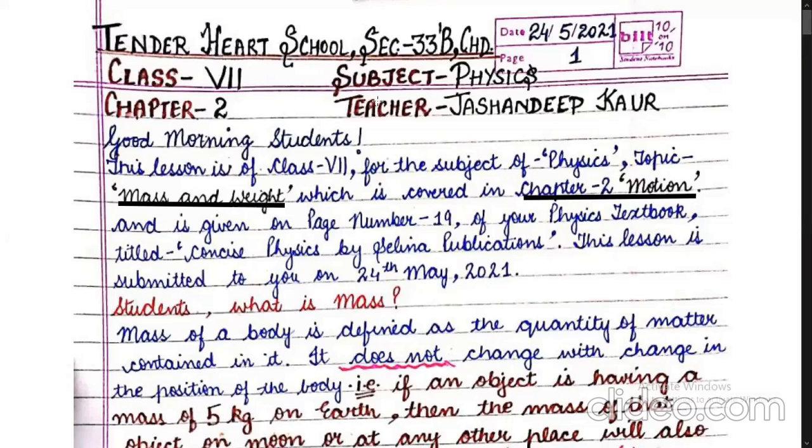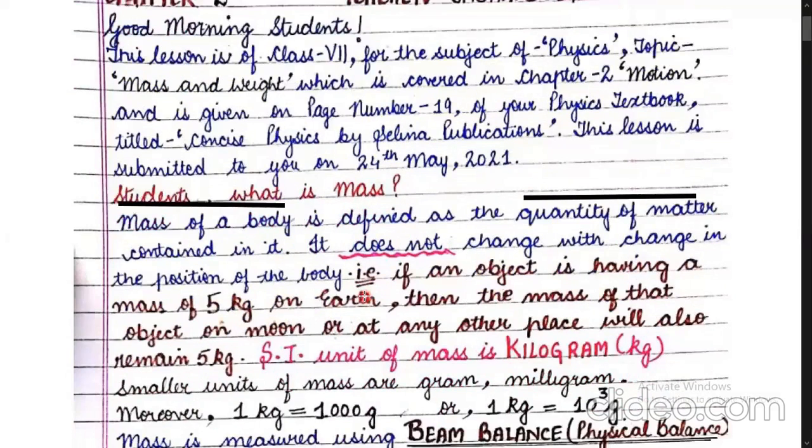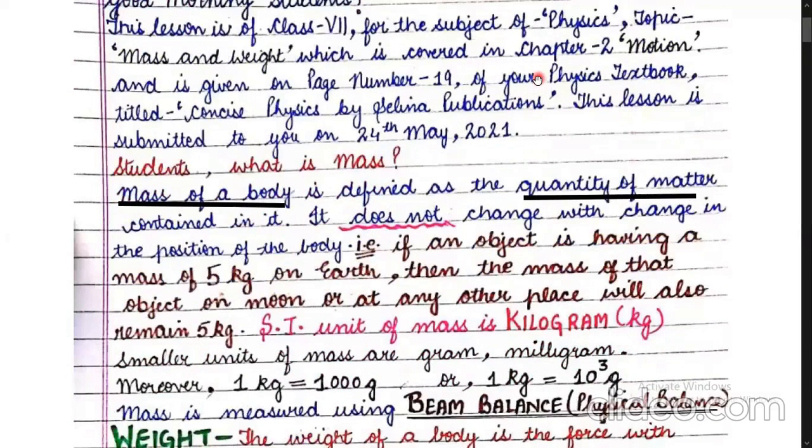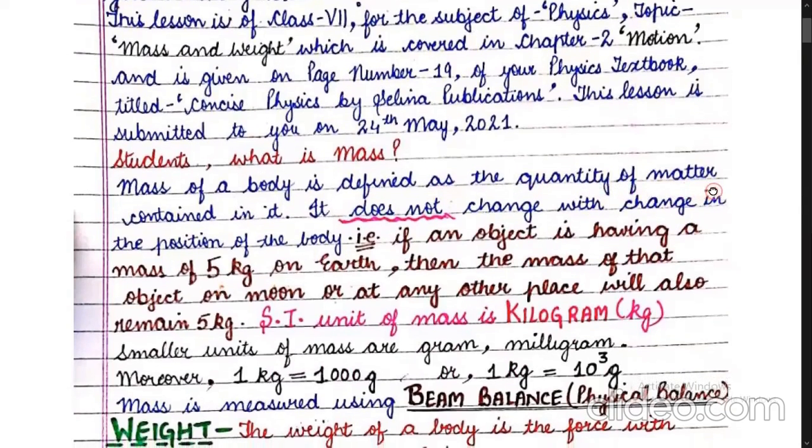Students, now first let us recall what is mass. You must have studied in your lower classes that the mass of a body is defined as the quantity of matter contained in it. So what is mass? Mass of a body is defined as the quantity of matter contained in it.